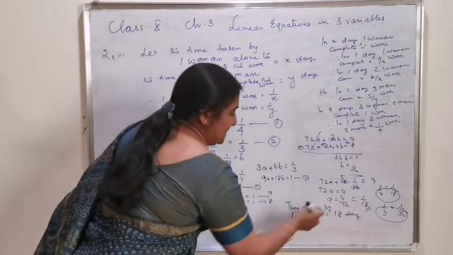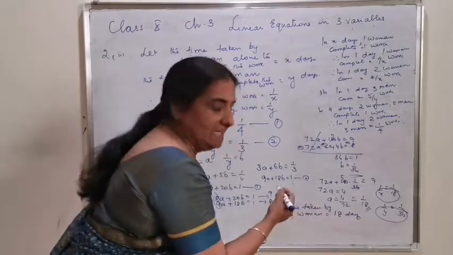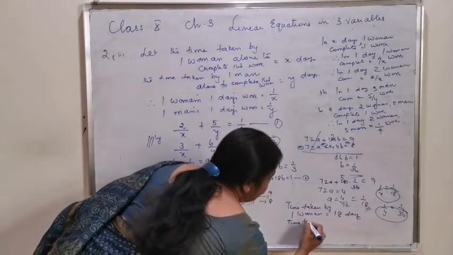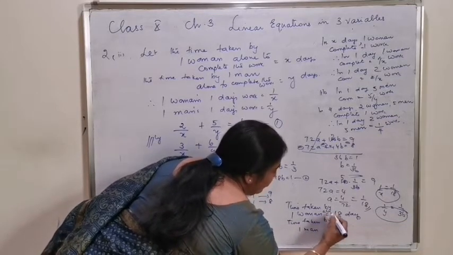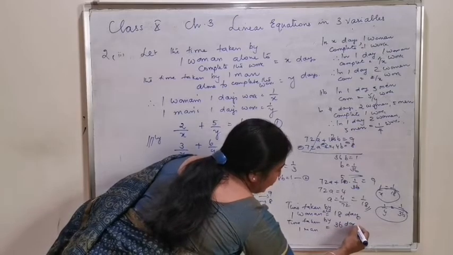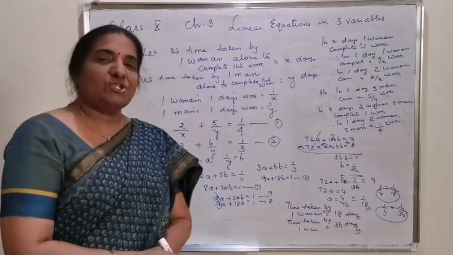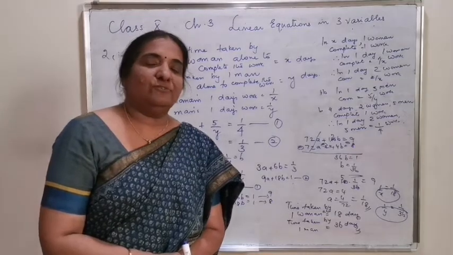Therefore, time taken by one woman is equal to 18 days and time taken by one man alone is equal to 36 days. This is also a very important 4-mark question.